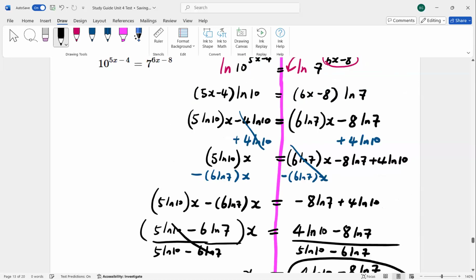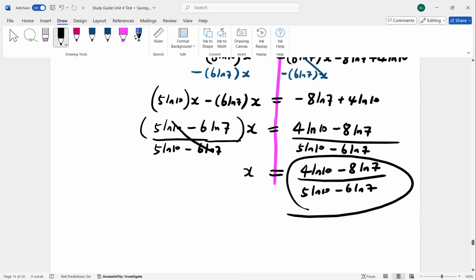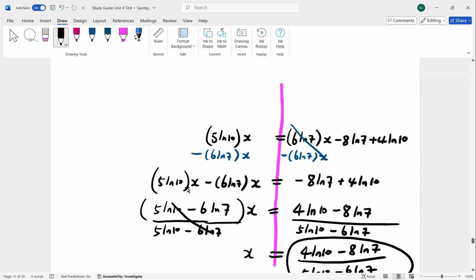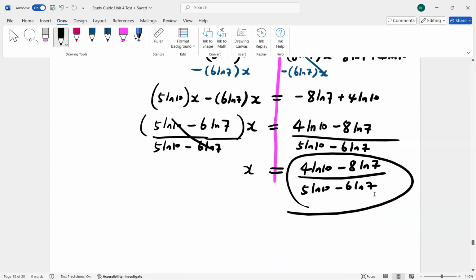What did the question say? The question says solve exactly. So you do not need to enter it in a calculator. It's going to be an irrational number. You would have to round if you enter the answer as a decimal. But the question does not want a decimal. They want the exact answer. And that's going to be like that.